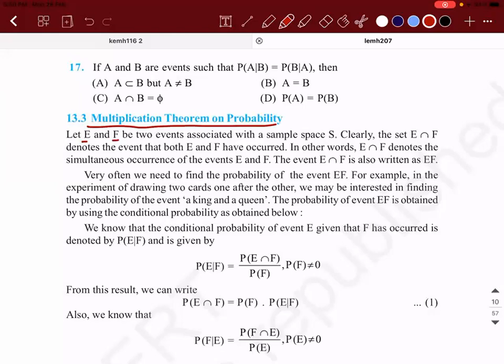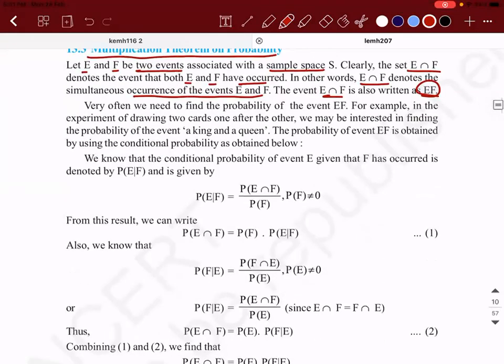If I take E and F to be two events associated with sample space S, then the set E intersection F denotes the event that both E and F have occurred. In other words, E intersection F denotes the simultaneous occurrence of the events E and F. The event E intersection F is also written as EF. This is another notation.